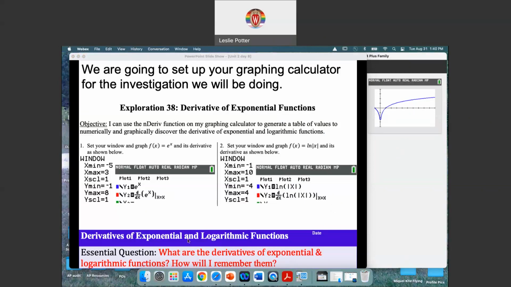You can write that into your essential question on the top of the page after the investigation. And how will I remember them? And then when we get into class, we'll do that investigation in your pods. And then I think we have some topic questions for this class that are a combination of trig and logarithmic and exponential. I think we're kind of wrapping all that into one topic question section.